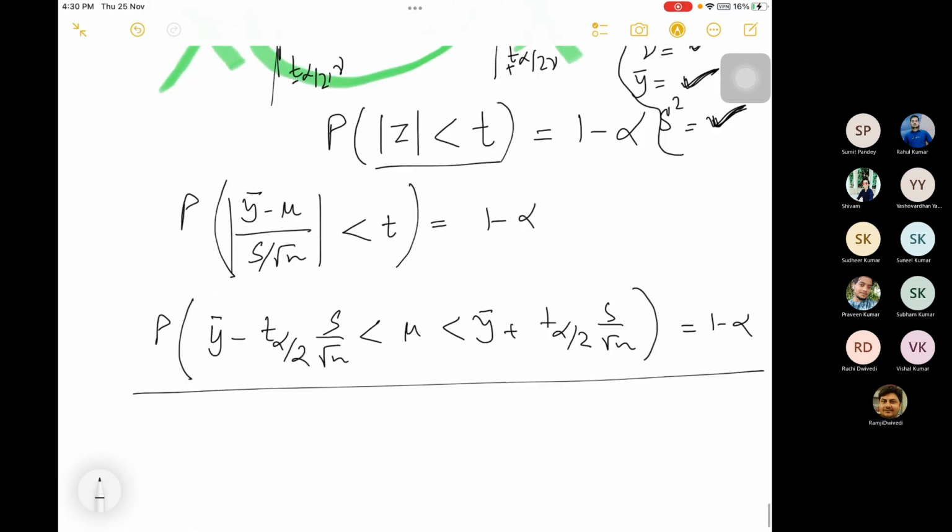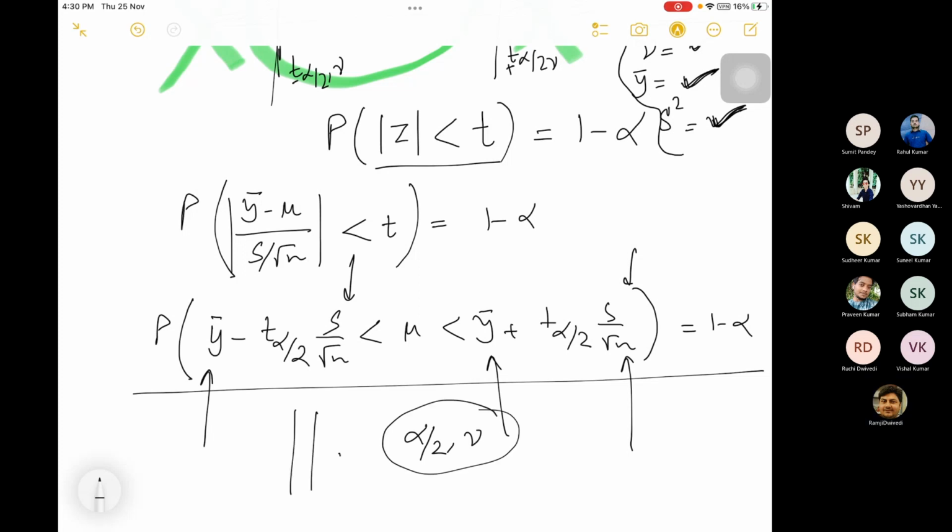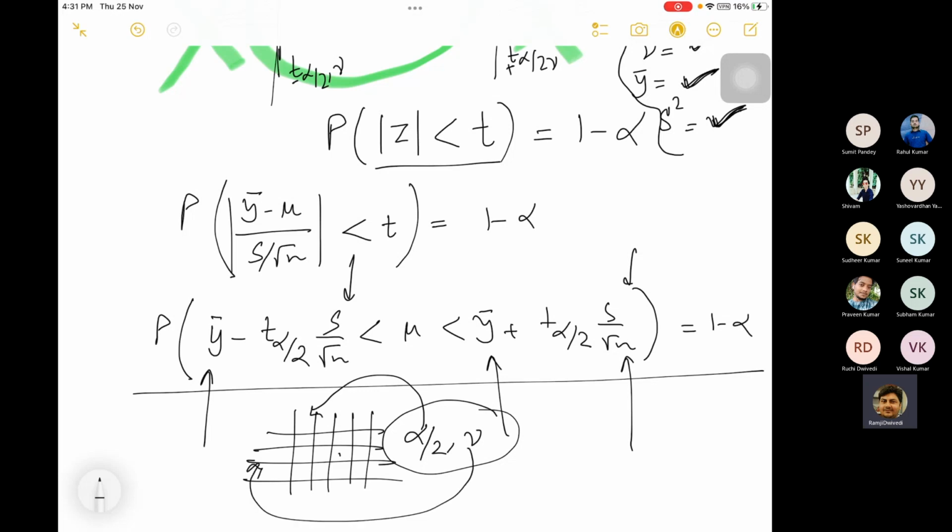Now with the values given, you can put in Y, S and N, and from the table you will go to alpha by 2, go to the degree of freedom, and put in the values. That will give you the mu. Okay.